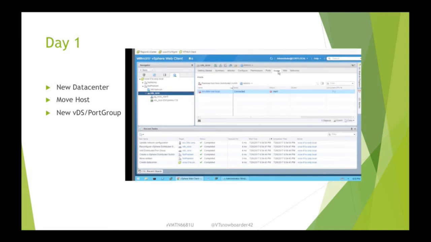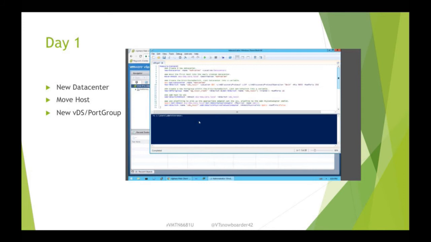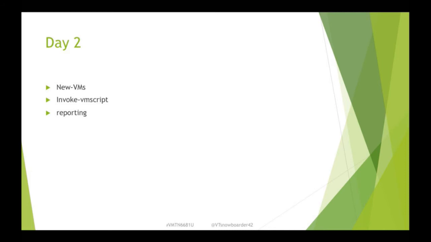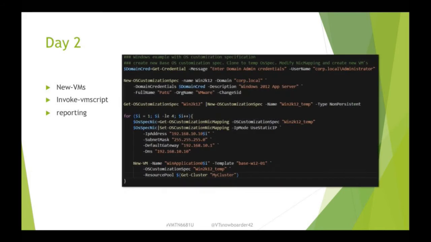Moving on to day 2 operations. This is the foundation of what VMware is here for, running VMs. This is actually how I got started writing PowerCLI code, automating our VM deployments. So here's another simple example.